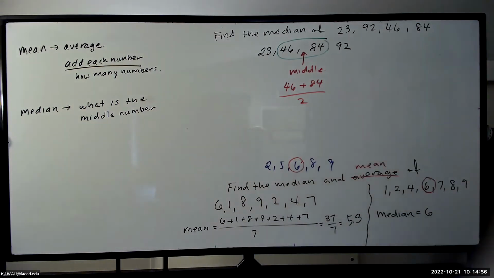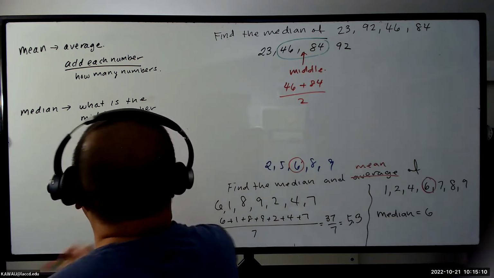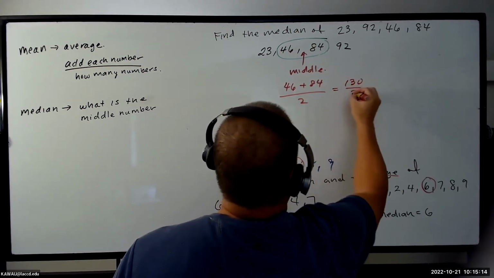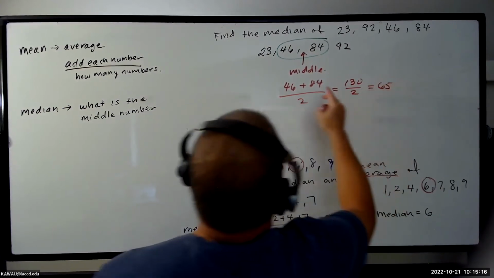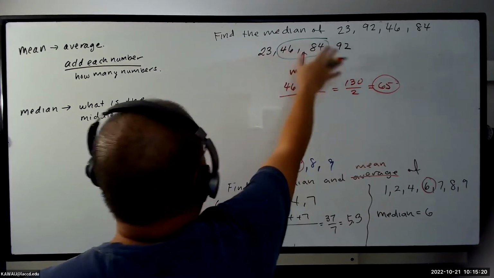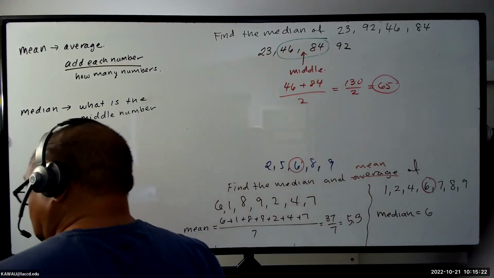So let's see. 46 plus 84 divided by 2: 130 divided by 2 is equal to 65. So 65 isn't even on the list, but it's perfectly in the middle of those numbers.